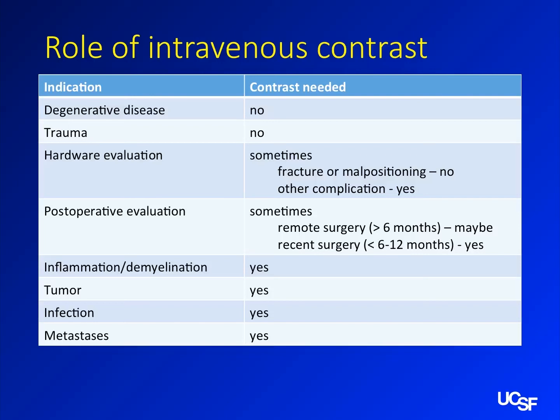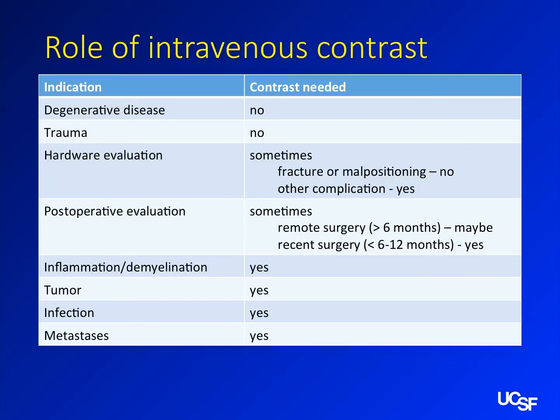I think probably either one is okay. You're going to find people who feel one way or another. If someone has very remote surgery and has been fine and you're just trying to see how the degenerative disease is going, I would say no. If it seems like someone may have an ongoing complication of surgery or recurrence of a disc or something like that, then I would say give them contrast.